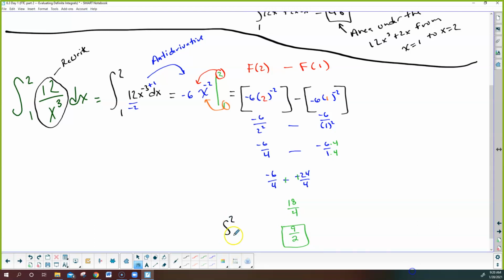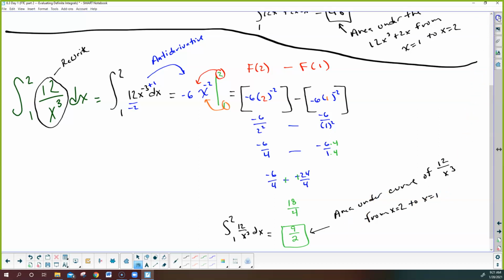I think it's very important that you understand this is the area under the curve. It's the area under the curve of the function 12 divided by x to the third, from x equals 1 to x equals 2.